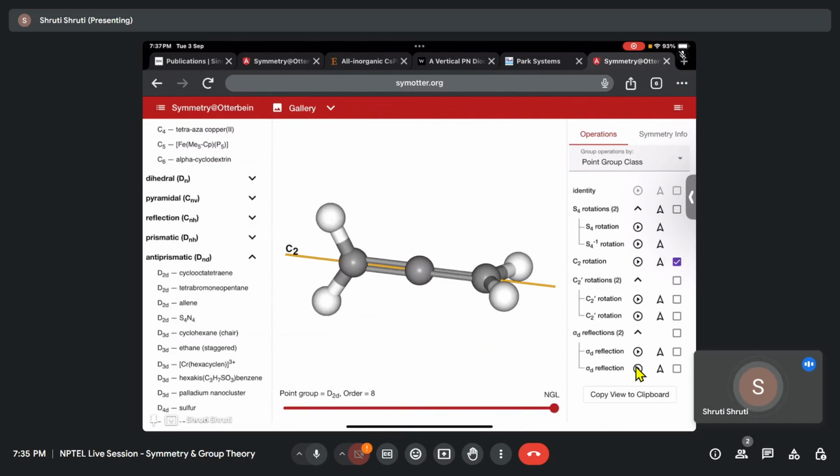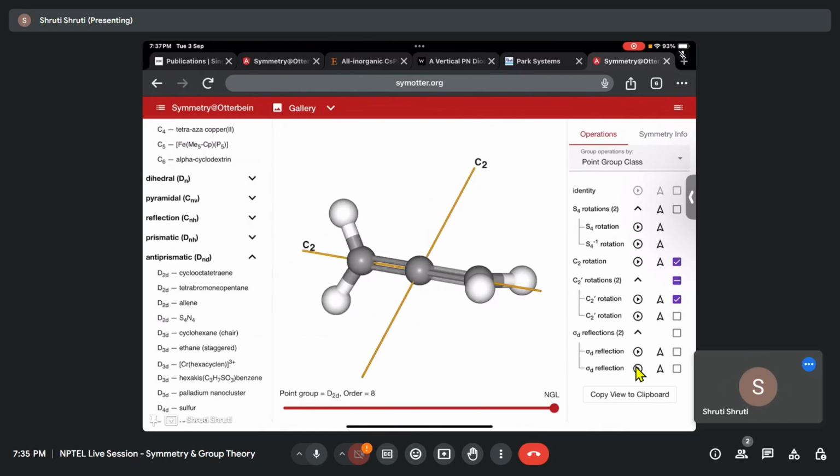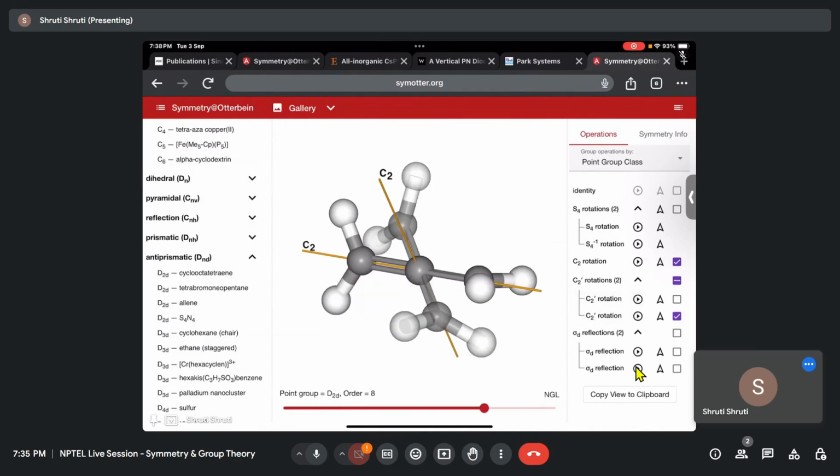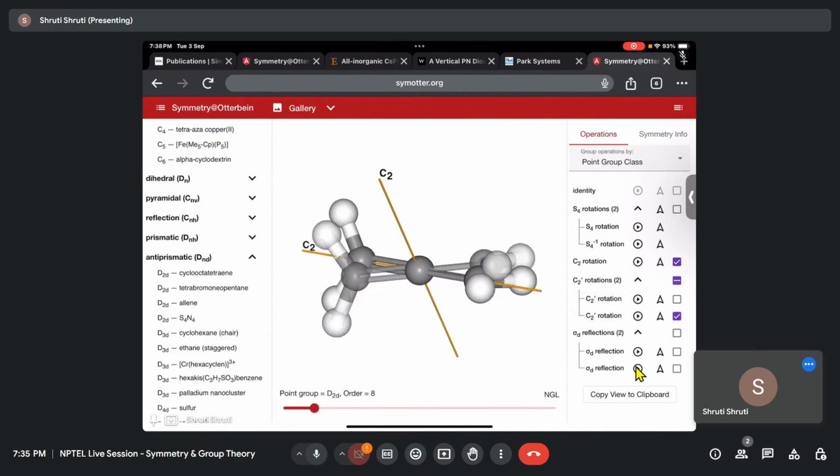So this C2 is gone, but another C2 remains, because the lower H gets exchanged with the top H. And this C2 also remains.